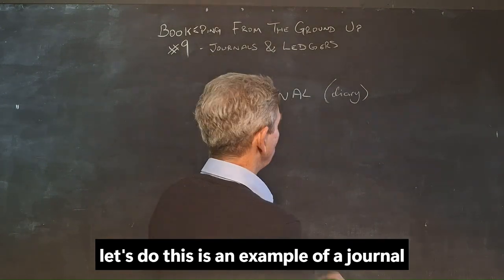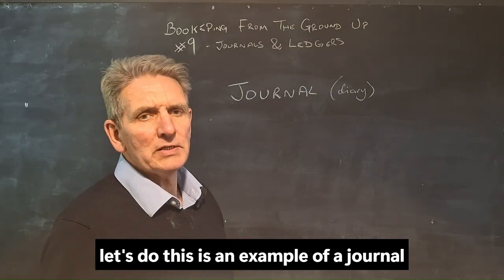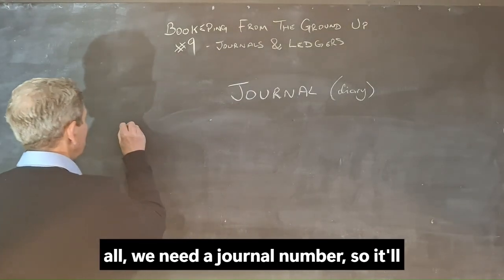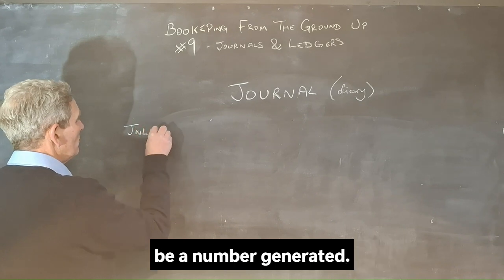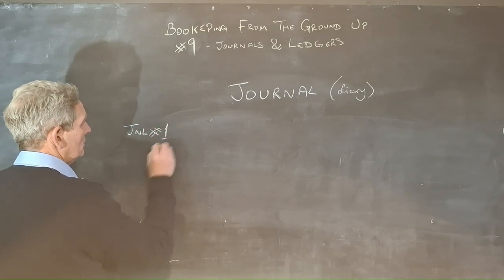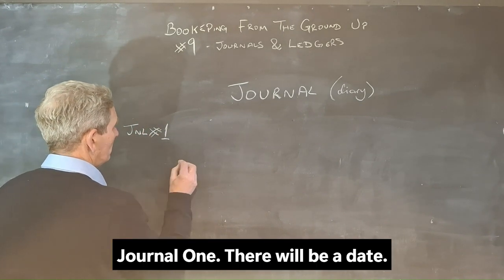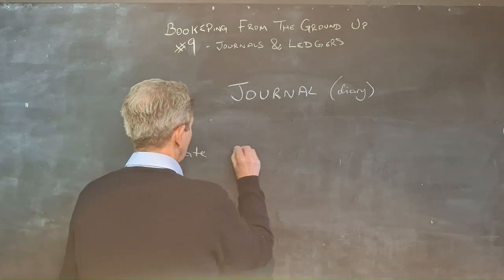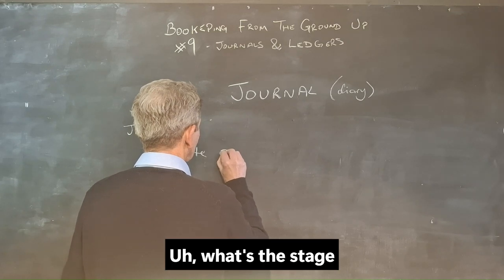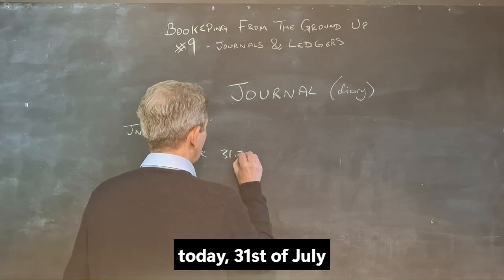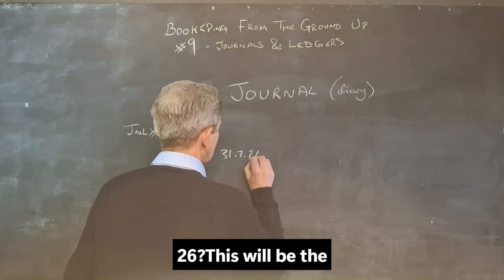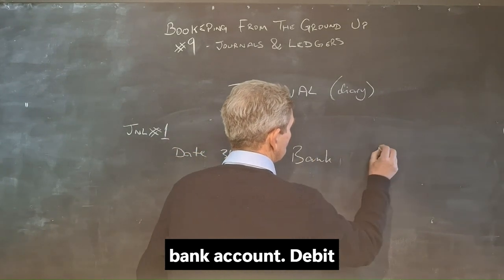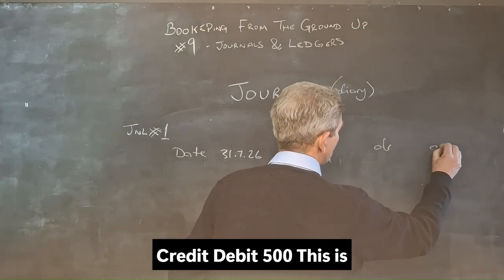Here's an example. This is an example of a journal for a cash sale that we received. First of all, we need a journal number, so there will be a number generated, journal 1. There will be a date. What's the date today? 31st of July, 26. This will be the bank account. Debit, credit.